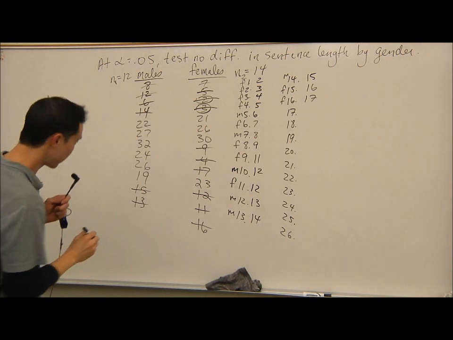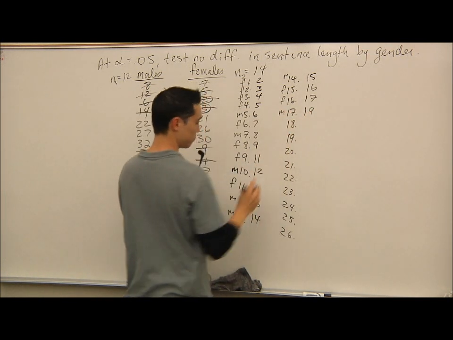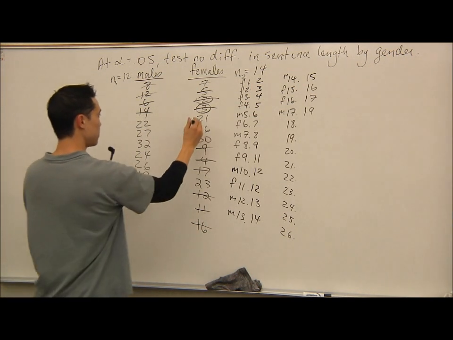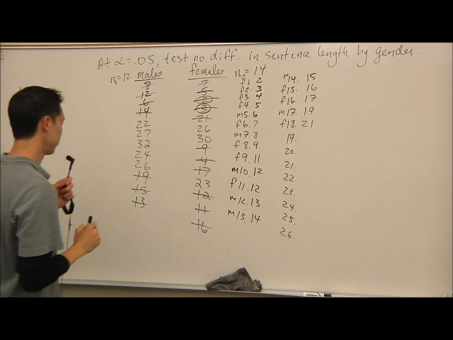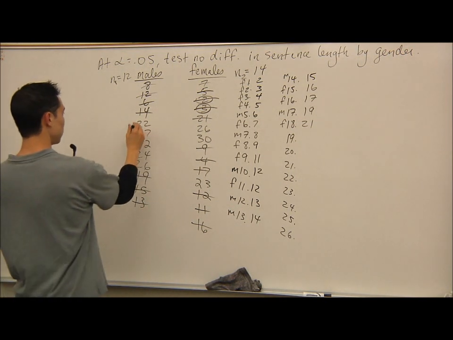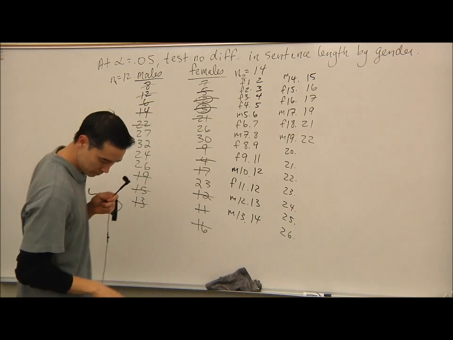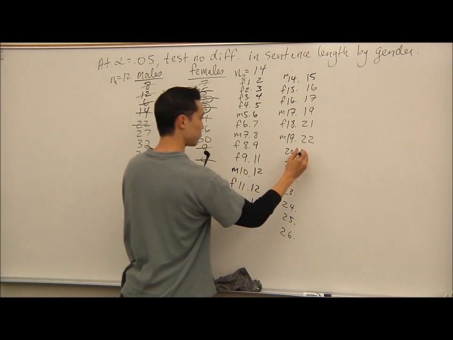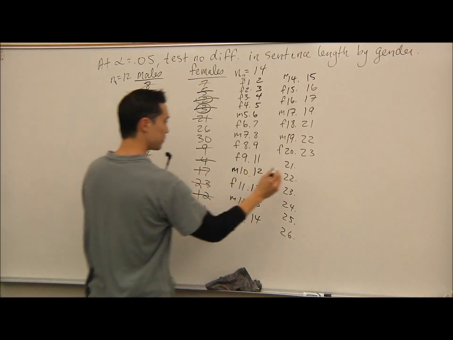Then 19, male. 21, female. 22, male. Right? 23, female. 24, male.